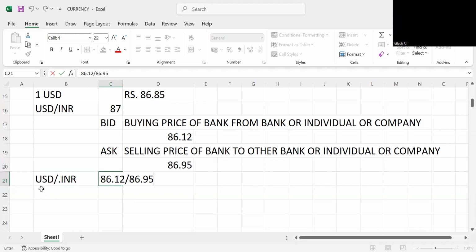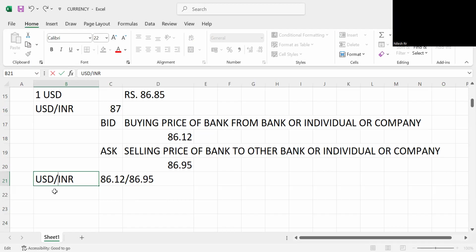For 1 USD, how many INR? So for 1 USD, if you want to buy 1 USD, you have to pay 86.95 rupees. And if you want to sell 1 USD, you will get 86.12 from the bank. So that's bid and ask.